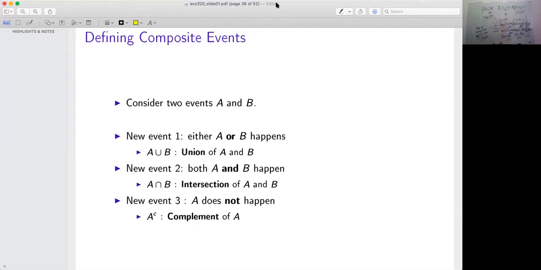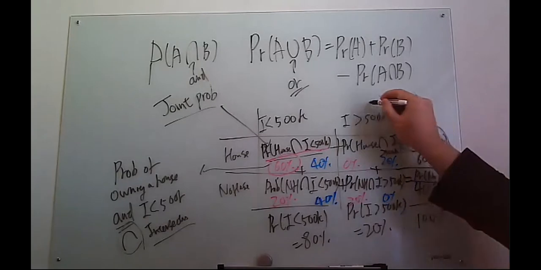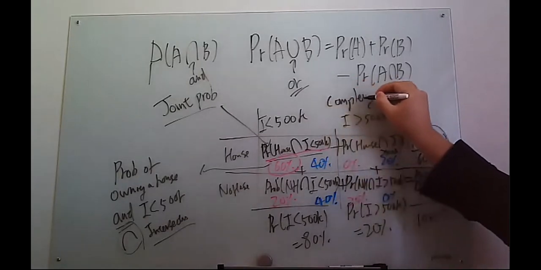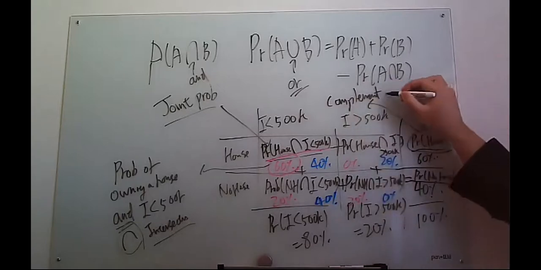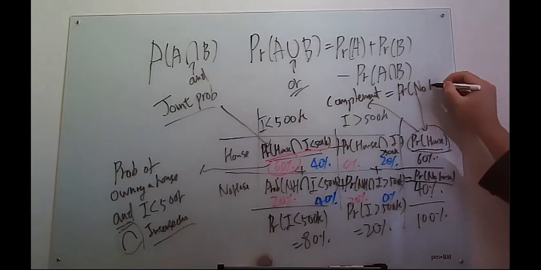For example, if I come back to this example, I'm saying this is the probability of owning a house. Then what is the complement of the probability of owning a house? It's basically the probability of no, you are not an owner, so no house.